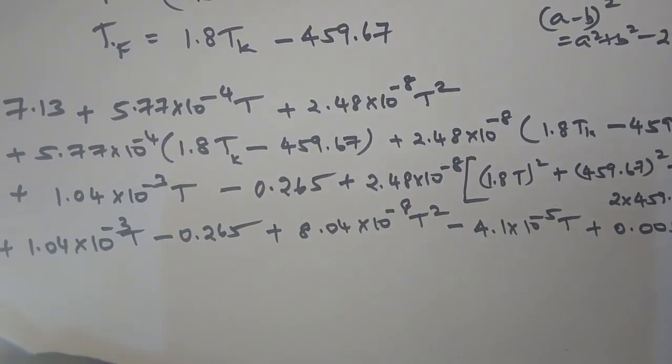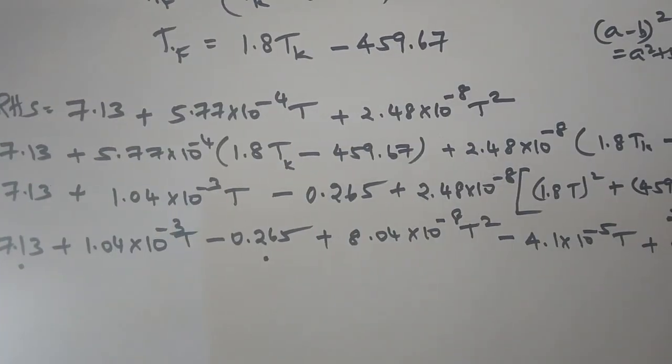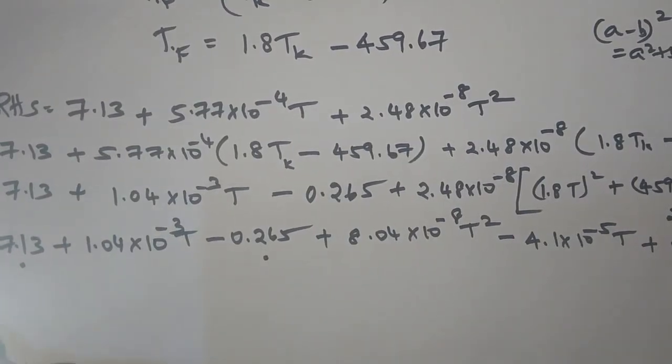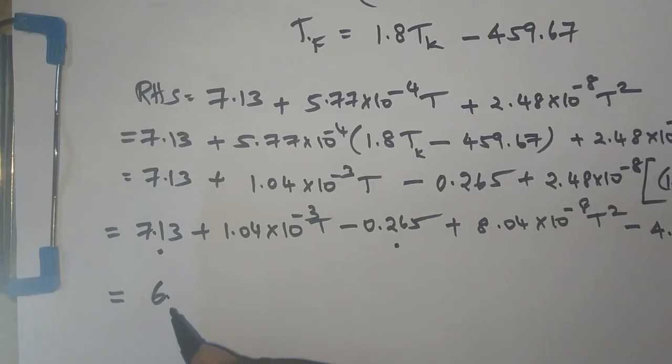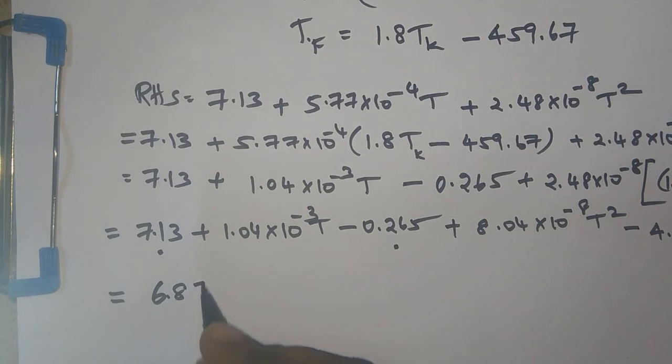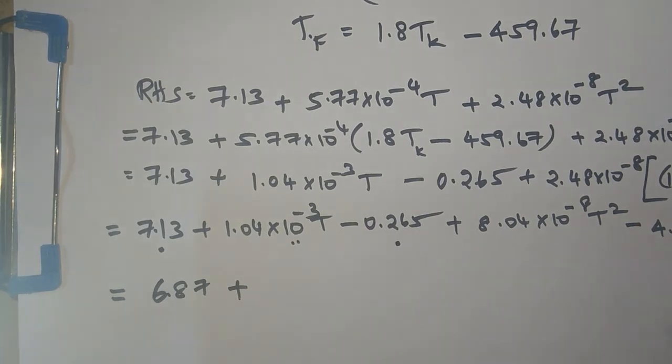So constant terms are there, three constant terms, 7.13 minus 0.125 and then these three. So summing all these three terms, what we get is 6.87 plus there are two t terms. Here one t term is there, here one t term is there.